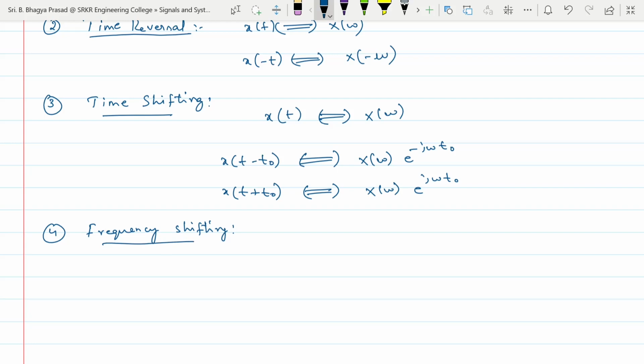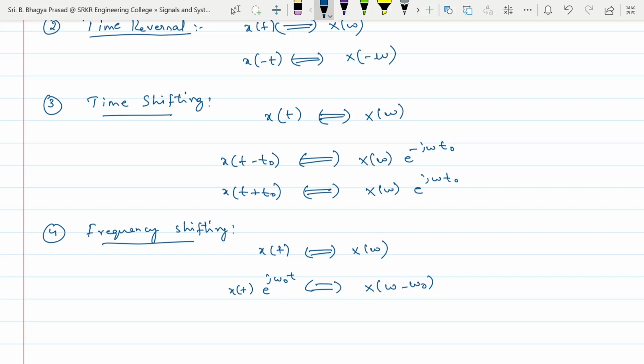In frequency shifting, x of t has Fourier transform X of omega, and we go for the frequency shift, that is omega minus omega naught, a shift by omega naught. Its time signal will be x of t e power j omega naught t, that is, x of t multiplied with e power j omega naught t.